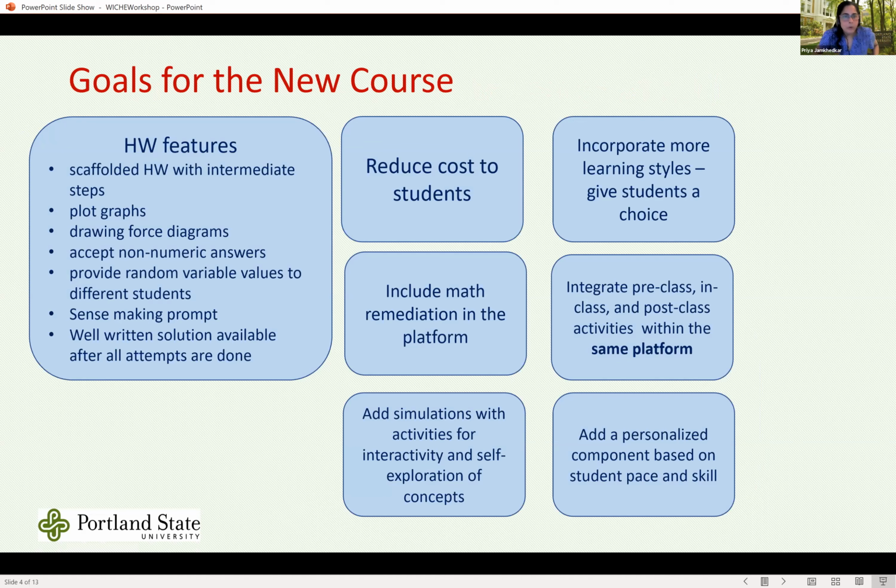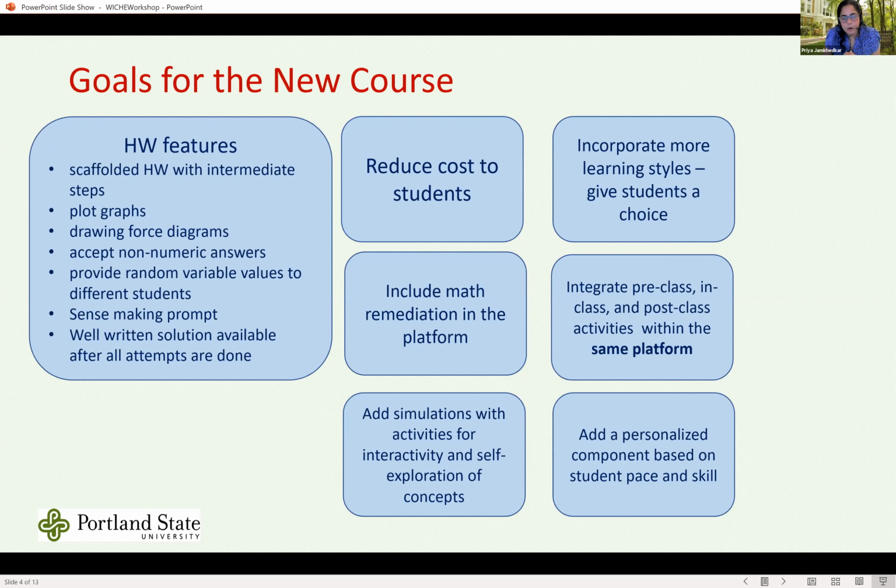So basically what we wanted to do when we wanted to develop these new courses, and we were actually lucky that our university was selected to get the grant through APLU and I guess Bill and Melinda Gates Foundation for active and adaptive courses.